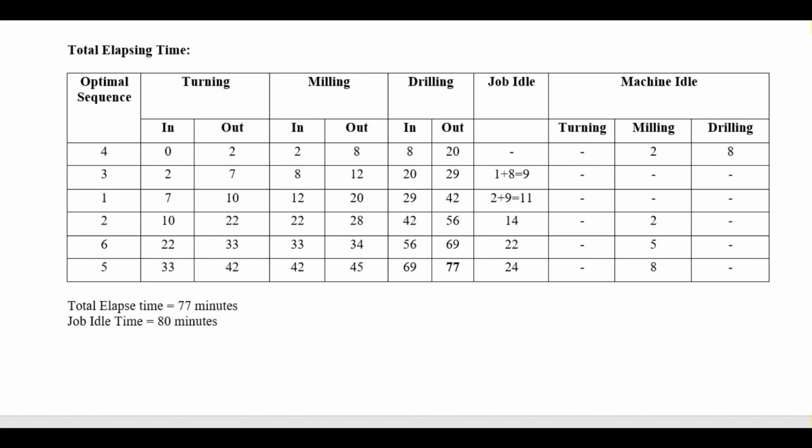And the machine idle time equals 2 plus 8, 10, 10, 10, 25. So this will be 25 minutes. Okay, so this is the total elapsed time, job idle time and machine idle time for the given problem.